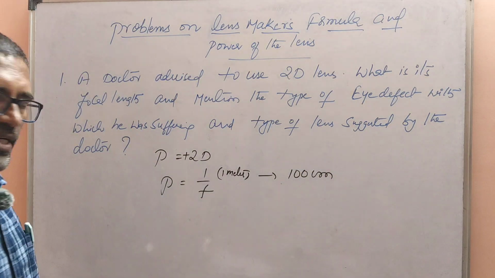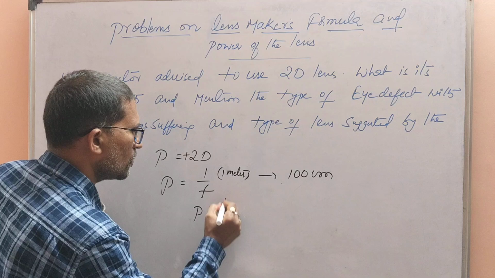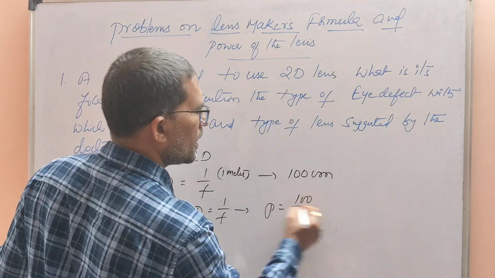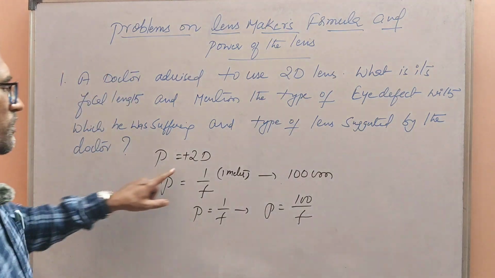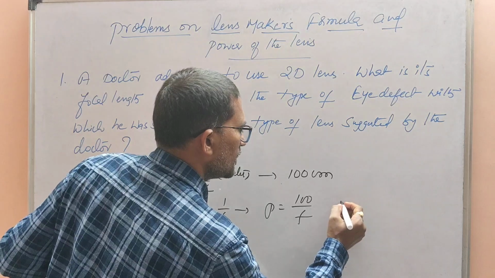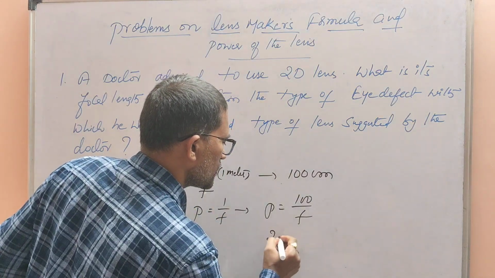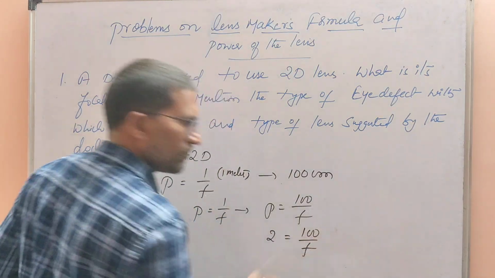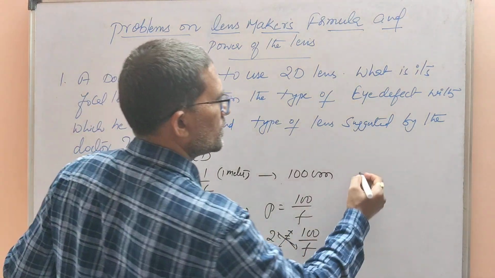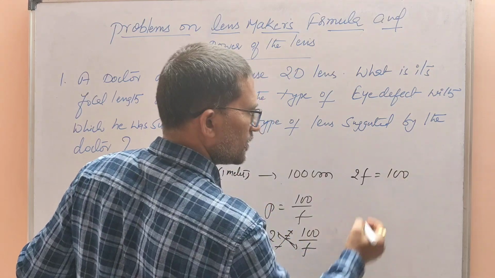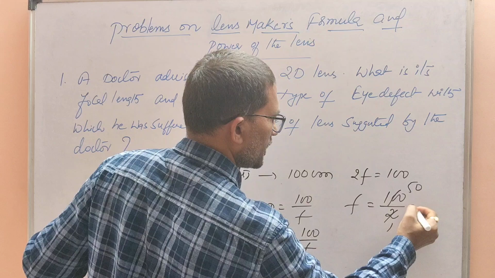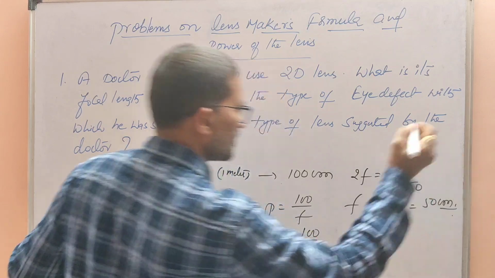So power P is equal to 1 by F, then I will transform it into P is equal to 100 by F. We know the value of the power, 2D. So 2 is equal to 100 by F. By cross multiplication, 2F is equal to 100. F is equal to 100 by 2, that is F is equal to 50 centimeter.